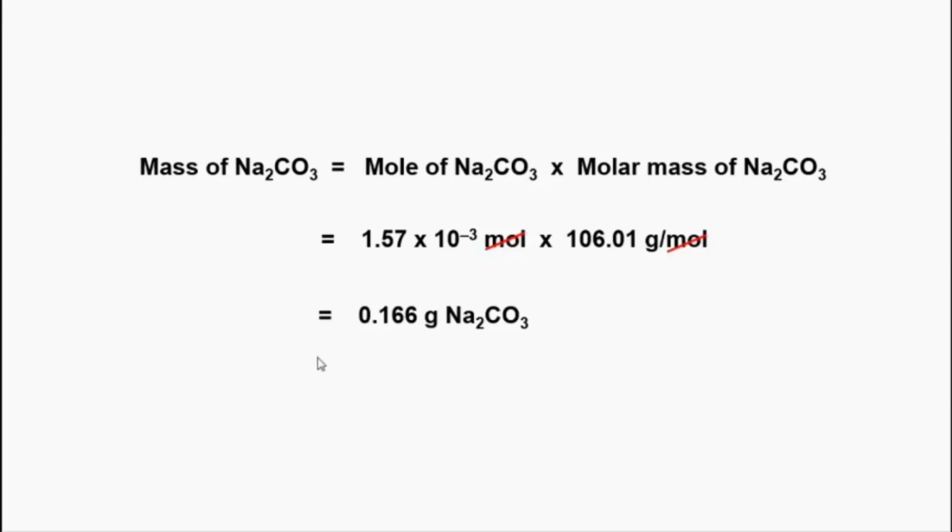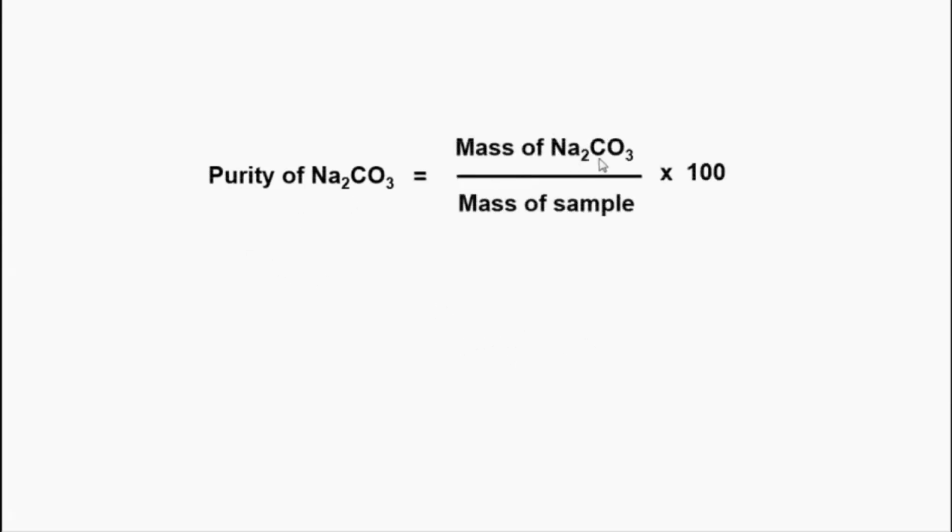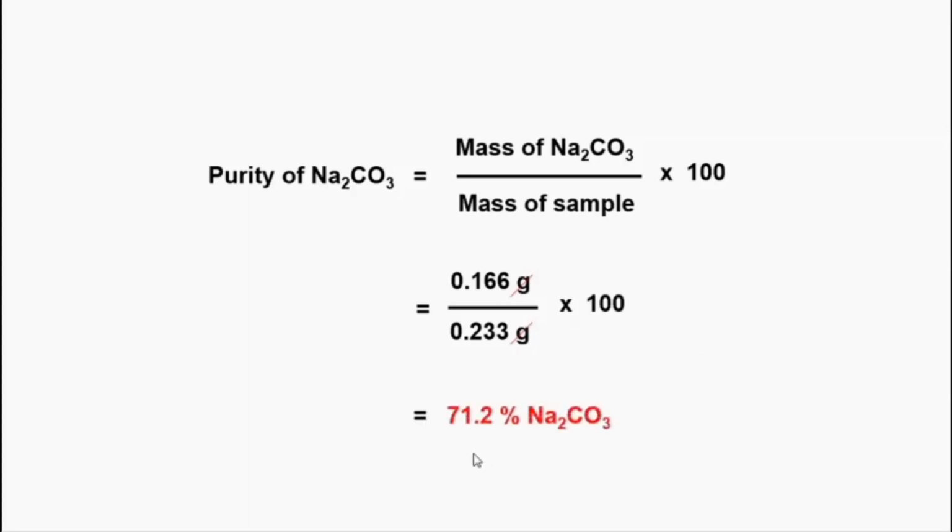Right, guys, so this is the mass of sodium carbonate. In order to determine the purity of sodium carbonate, we take the mass of sodium carbonate divided by the mass of the impure sample, multiplied by 100. Since the mass of sodium carbonate is 0.166 grams and the mass of the sample is 0.233 grams, times 100, we are going to get 71.2% sodium carbonate.